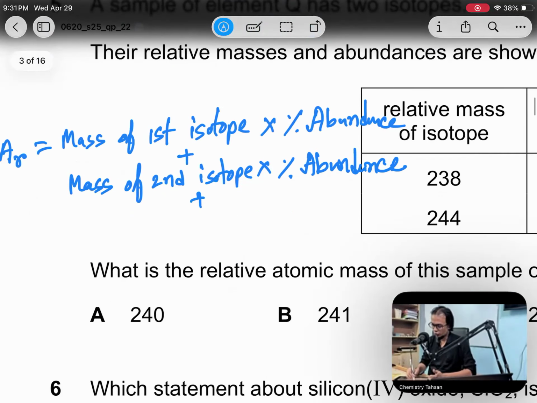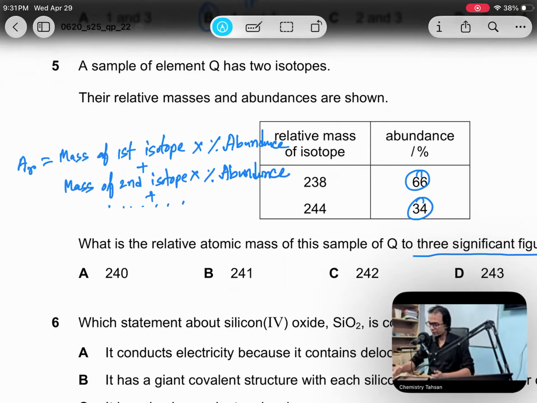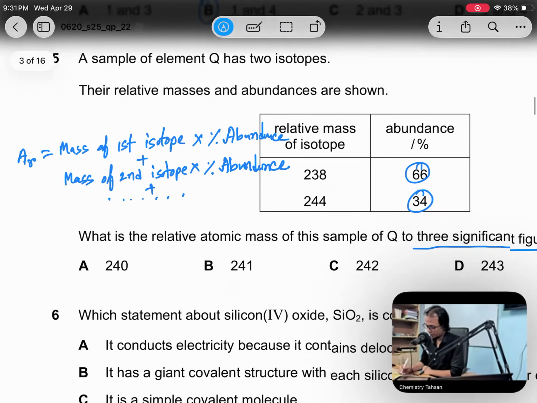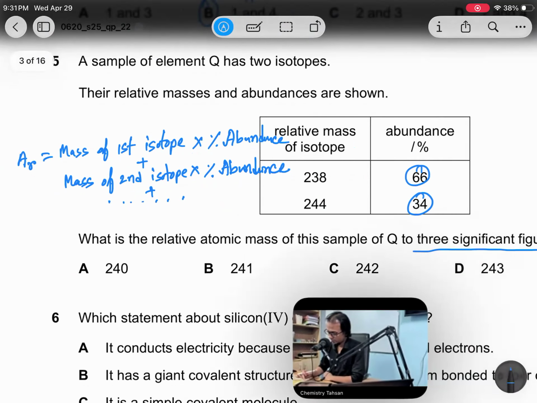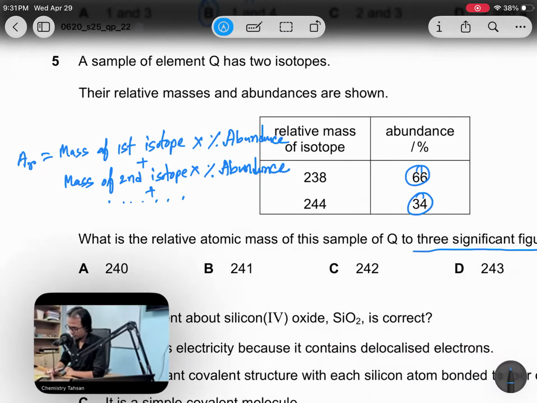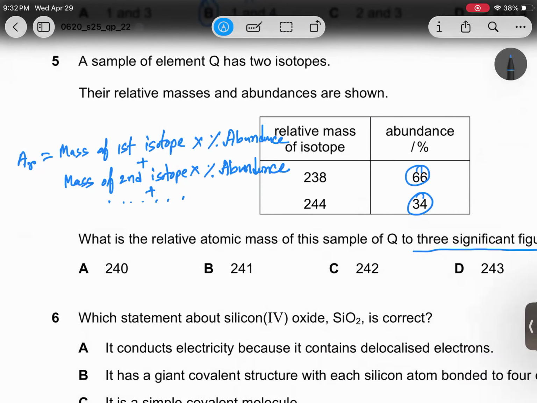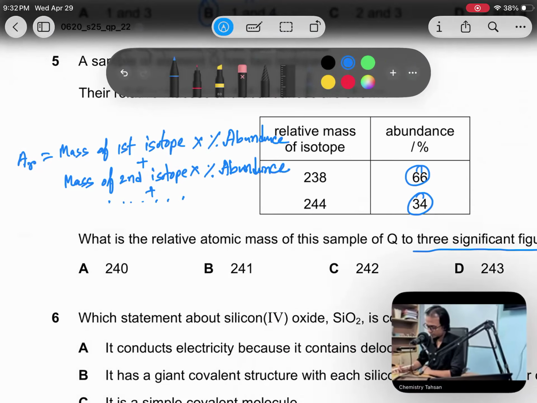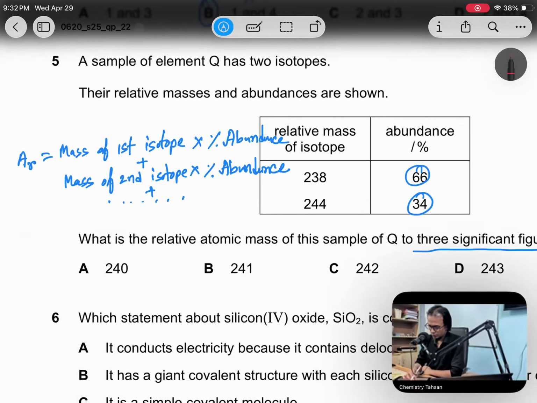So if we write mass of the first isotope, then you see mass of the first isotope, if you look at, it is 238.